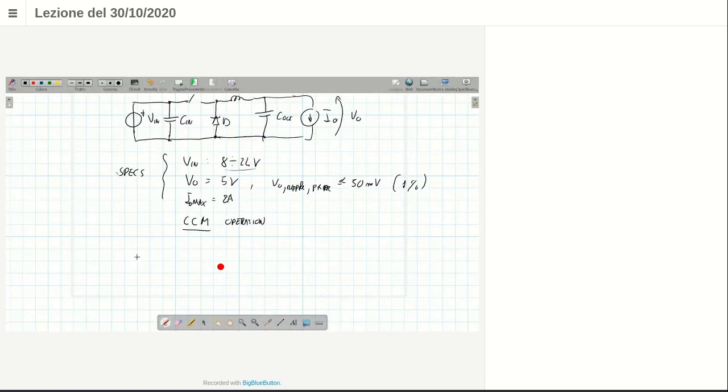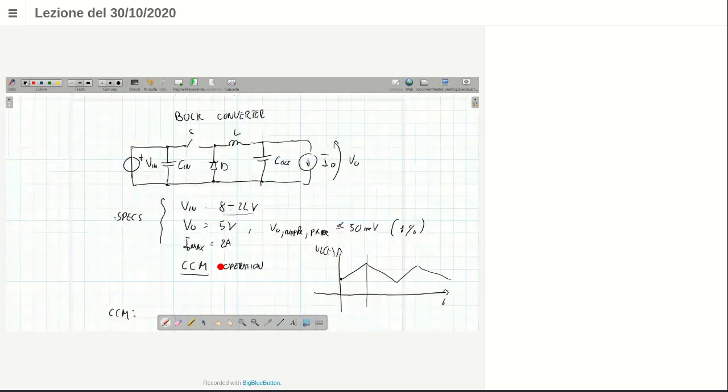We know that operation in continuous conduction mode is basically related to the fact that the inductor current which flows through this inductor should never go to zero in a switching period.